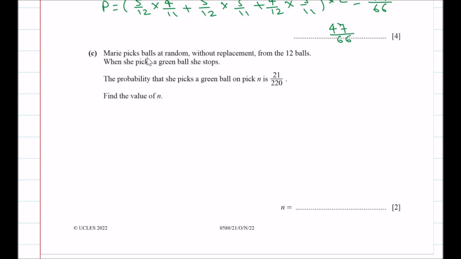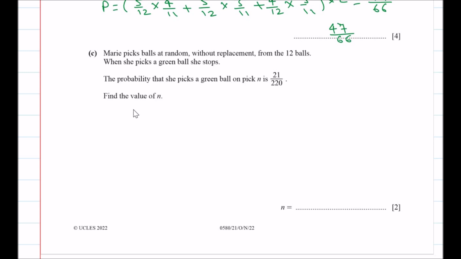So suppose first time she did not get. So it says Mary picks balls at random without replacement from the 12 balls. When she picks a green ball, she stops. Right? So if she picks the first time green, she will stop. So suppose first time she did not pick the green ball. That means she picked either blue or red.